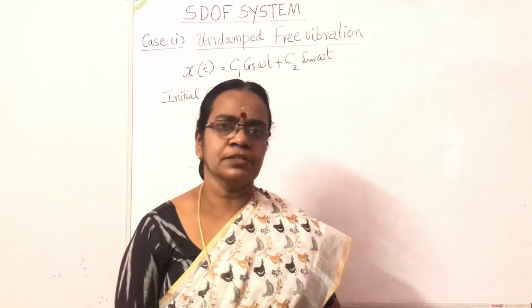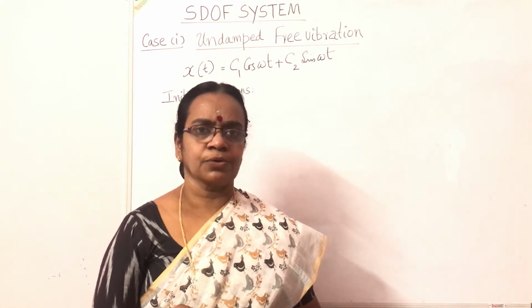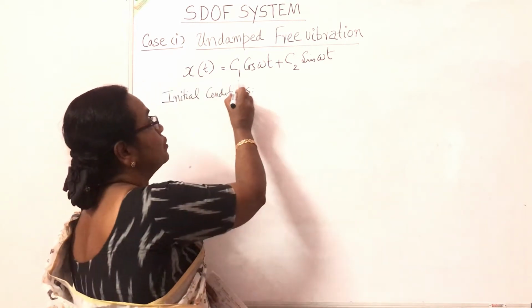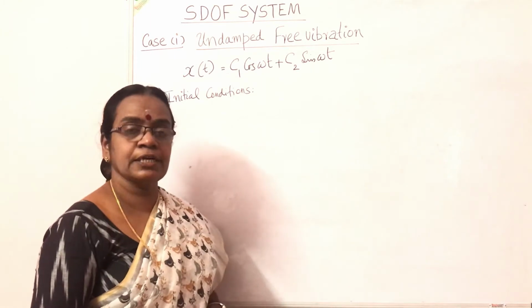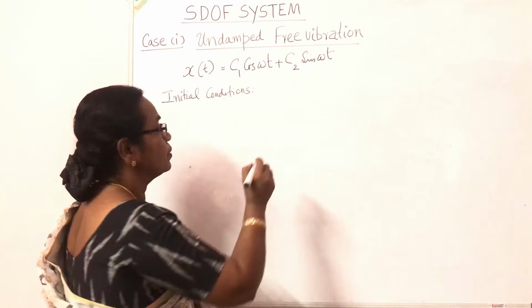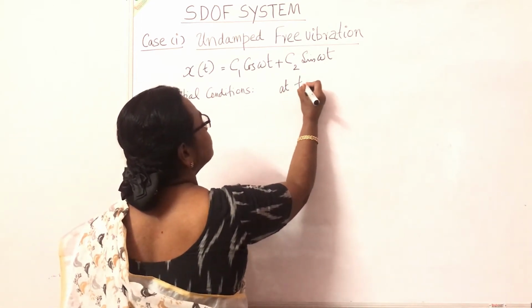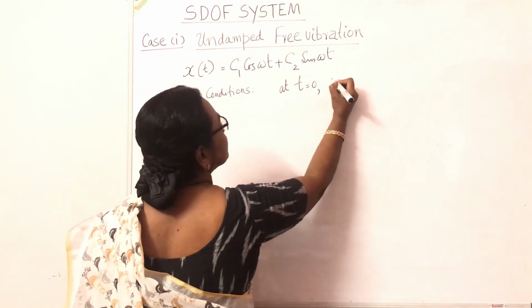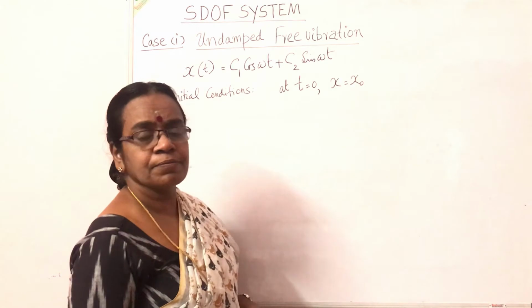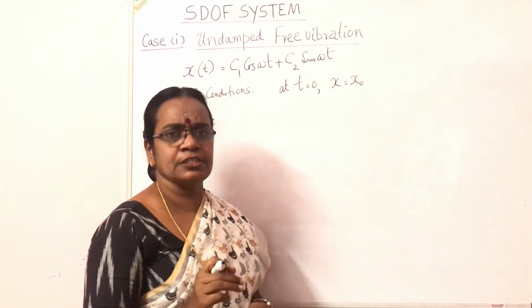Okay, we have seen the solution of x double dot plus omega squared x is equal to 0, the second order differential equation, is of the form x is equal to C1 cos omega t plus C2 sin omega t. To evaluate the constants C1 and C2, we need initial conditions. Let us assume at time t is equal to 0, x is equal to x0. The physical meaning is that at the starting time, the system starts with some initial displacement.